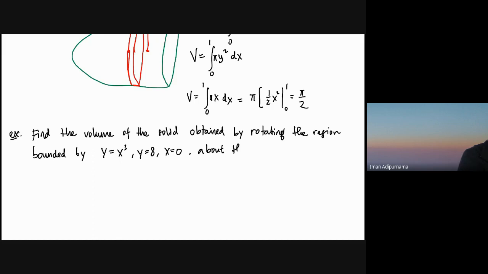about the y-axis. First, you need to understand what the question actually is. We have a volume, we have a region bounded by these three lines or curves, and it needs to be rotated about the y-axis.